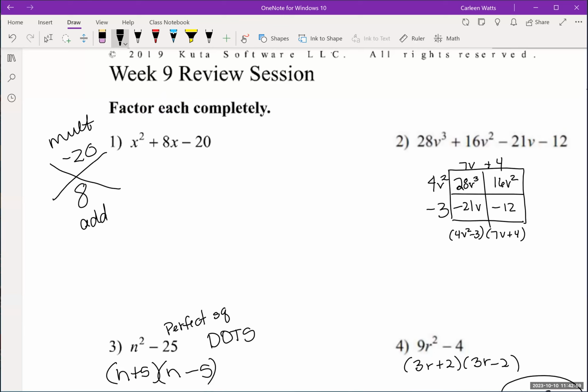So it's 2 and 10. I want a negative 20 and a positive 8. So -2. Now, because it's not difficult, we're just going to go x plus 10, x minus 2. Okay, we go straight to the answer.